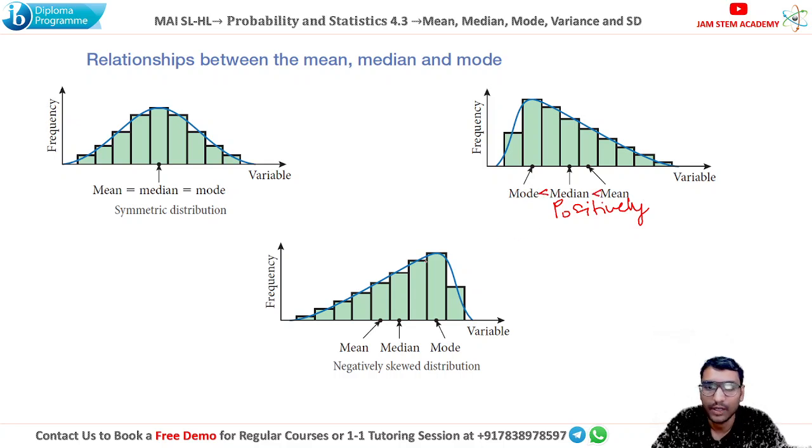But if the data is negatively skewed, like this third part, then the mean is less than the median, which is less than the mode. This gives the relationship between the mean, median and mode for the given data set.